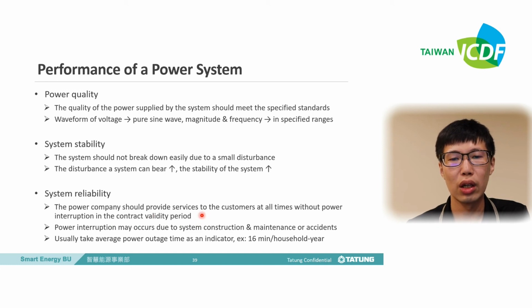This is an ideal case, and in fact, the power interruption may occur due to system construction or maintenance, or some accidents or big disturbance. And we usually take the average power outage time as an indicator. For example, in Taiwan, the average power outage time is 16 minutes per household per year.